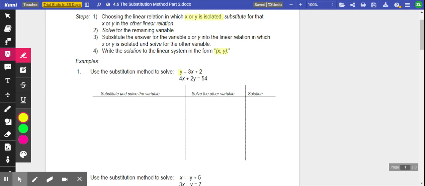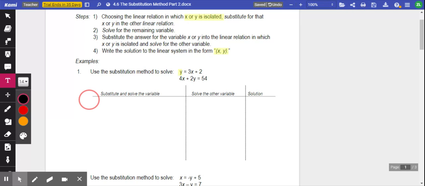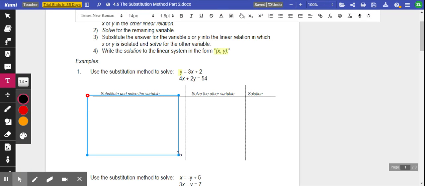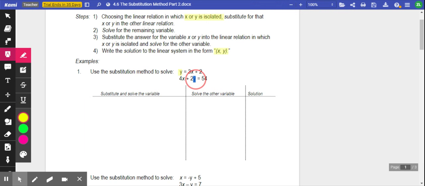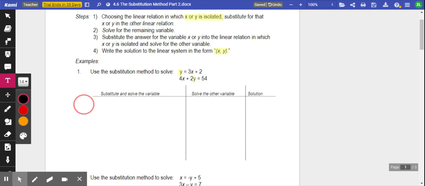So in this equation here, we're actually going to use y equals 3x plus 2 and sub in 3x plus 2 into the y spot in the other equation. Okay, and I'll show you exactly what that looks like.